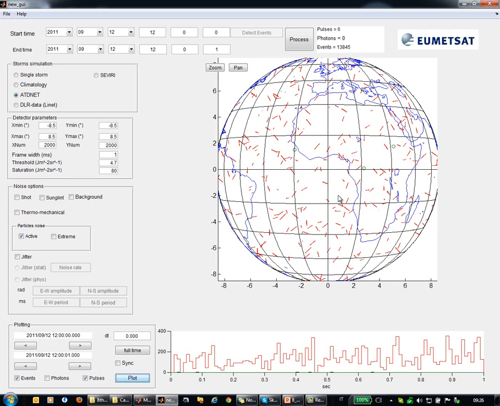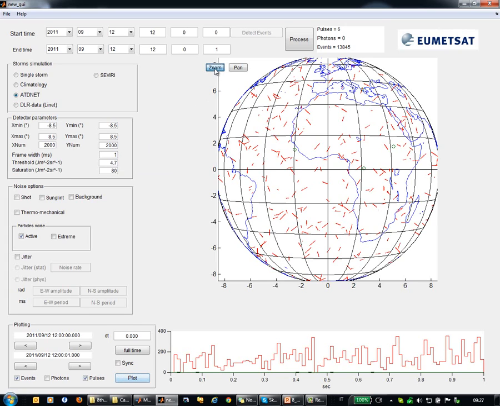We have to imagine that this is 1 second of detection, meaning with the frame width we have inserted, 1 millisecond. This means 1000 pictures, 1000 acquisitions of the scene.